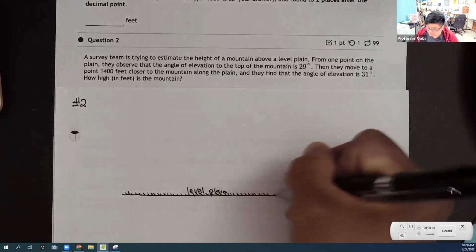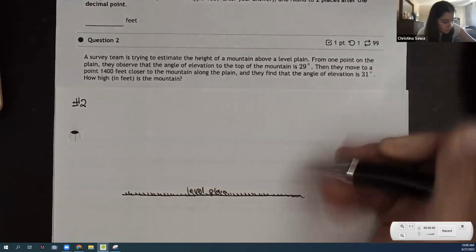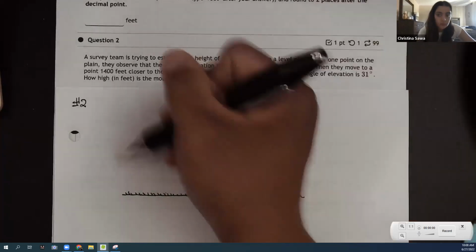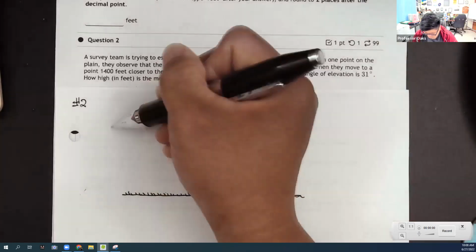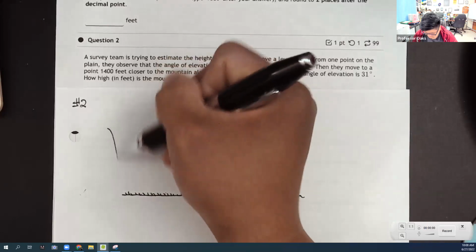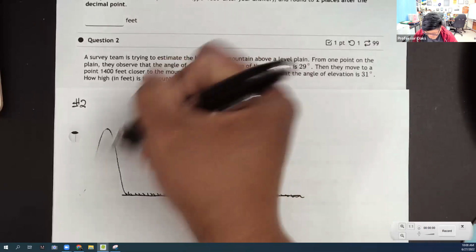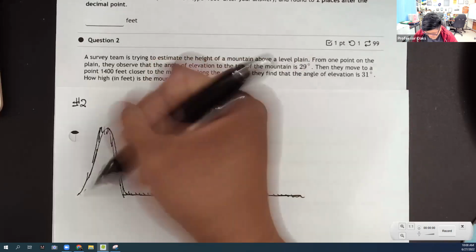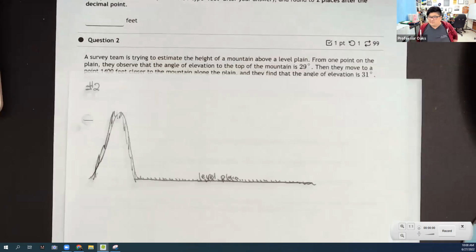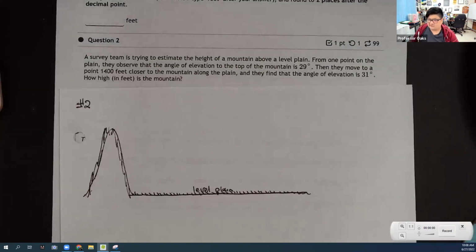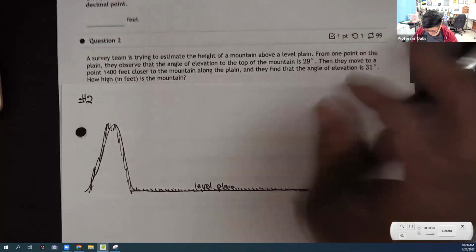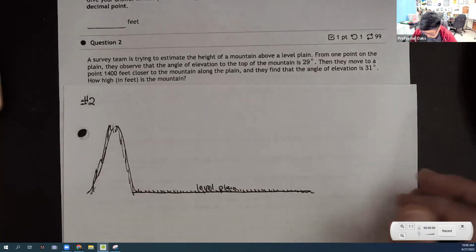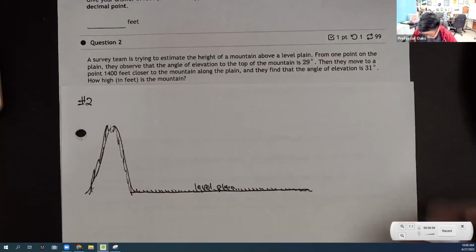And then the mountain would be sort of up here, something like that. And I was just in the mountains, so it's hard to make some sort of guess at that.